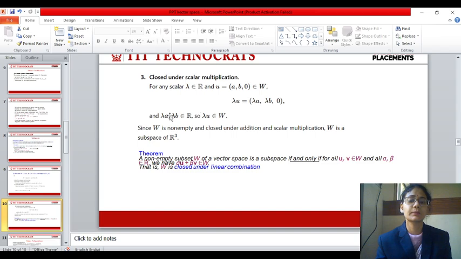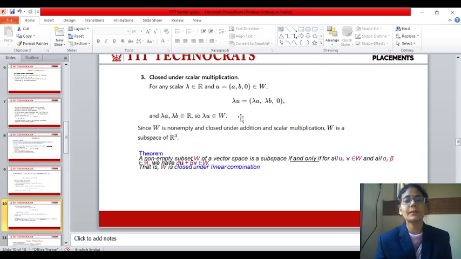Now let us check the property of closure under scalar multiplication. For that we consider a scalar number lambda, which is an element of real numbers, and u is a vector (a, b, 0). If we multiply any scalar number with a vector, it will be simply lambda into a, lambda into b, and the last element will be lambda into 0, which is nothing but 0.